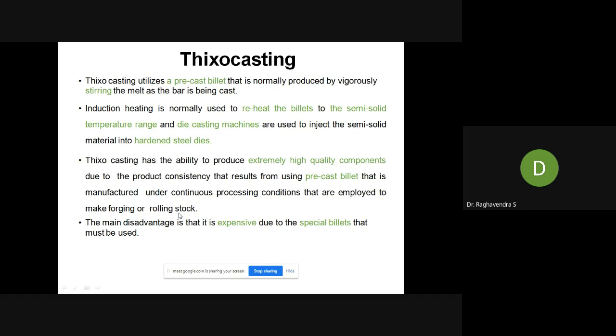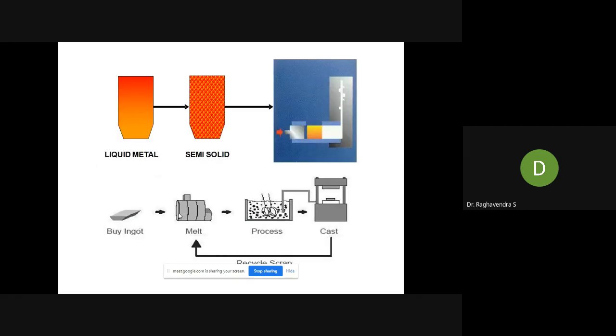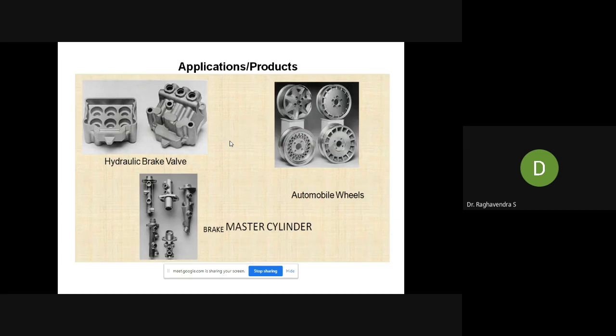Once you make the component from this casting, the microstructure is improved, meaning the strength of the component is very good compared to other processes. The quality and strength of the components are good. That's the reason they make it.